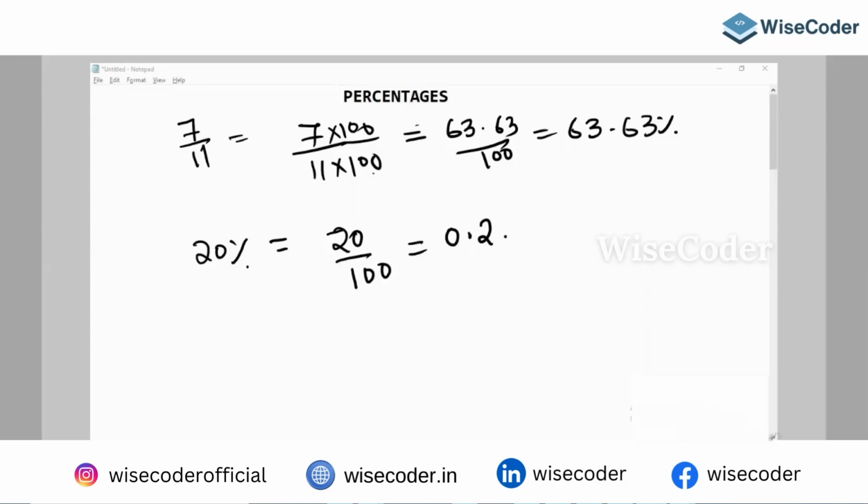Any decimal fraction can also be converted to a percentage by multiplying it by 100.